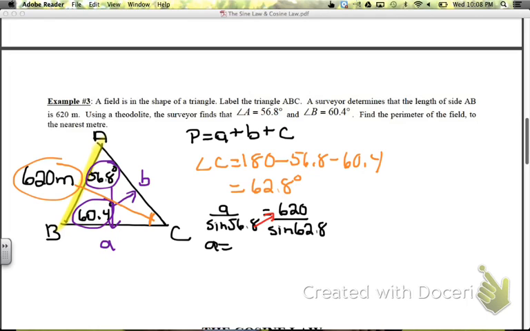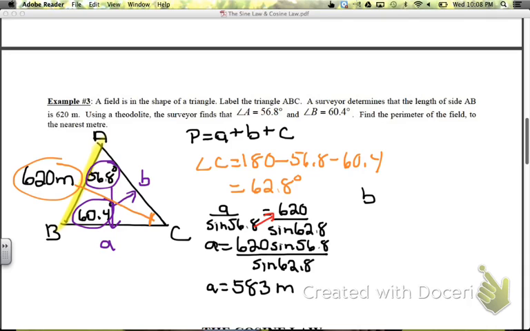So what I have is A equals 620 sine 56.8 all over sine 62.8. When I do that calculation, I'm going to get that A is equal to 583 meters.